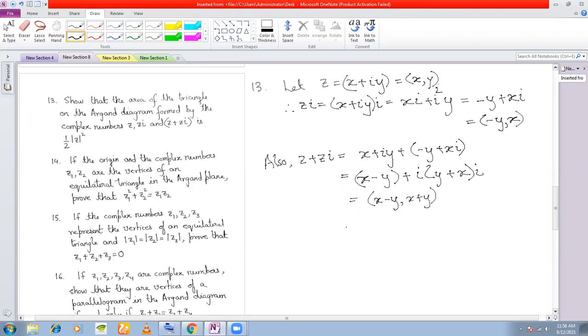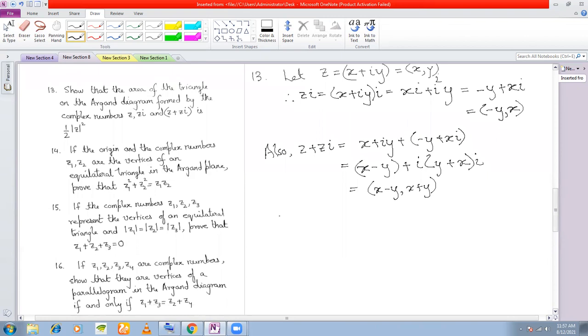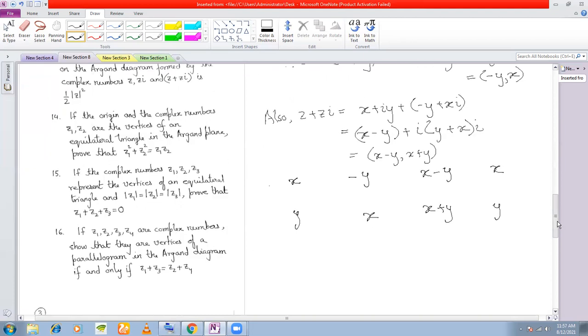So I've got 3 points in the Argand plane. And what is the area of the triangle formed by the 3 points? We have done this in straight lines. Therefore, for the area, you can first write the coordinates in this manner: (x, y), (-y, x), (x minus y, x plus y), and then again (x, y). Okay.